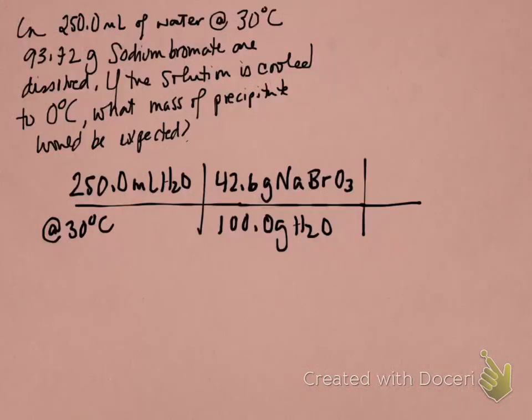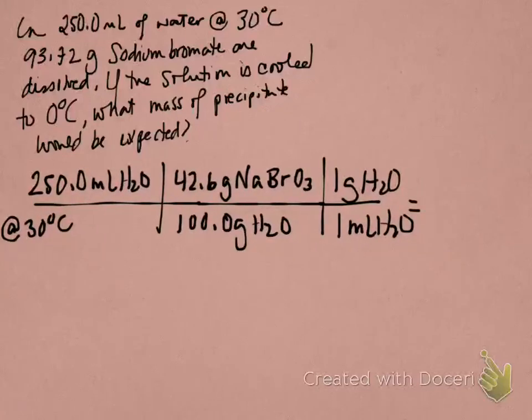Then we need to do our conversion from milliliters of water to grams of water. So we know that every 1 milliliter of water has a mass of 1 gram. And we know that our answer is going to be in what units? Yeah, grams of sodium bromate. So that's all good.